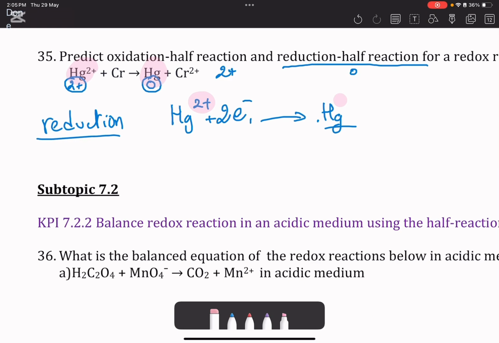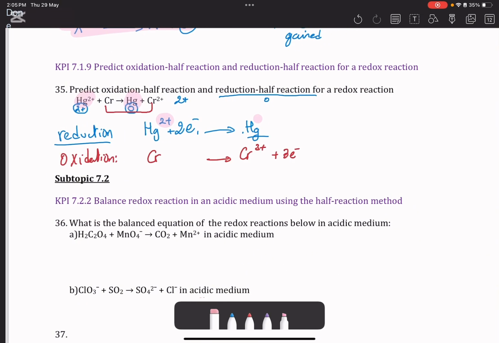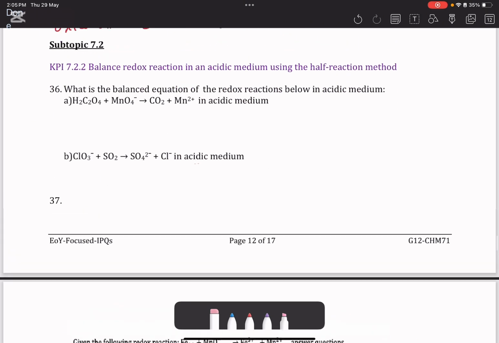That's the reduction half equation. And the oxidation half equation is the other one, where Cr loses electrons and increases in the oxidation state. So this side is 0 charge, this side is positive 3 charge. So that's the higher side. I'm going to add 3 electrons to make it equal and balanced on both sides.